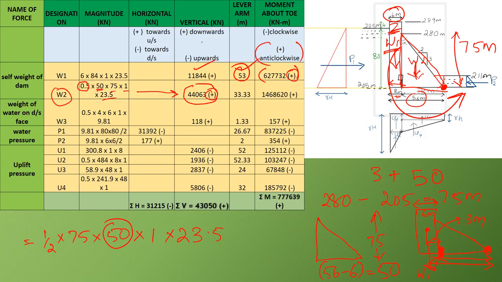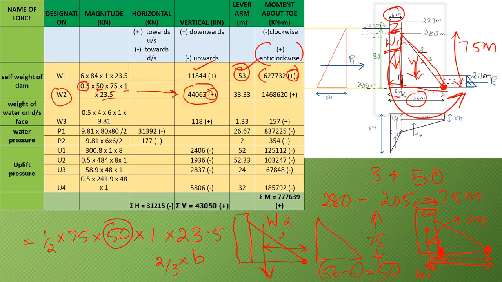And similarly for force W2, let us draw it again here. W2 is a triangular portion, so W2 will be acting along the centroid of this triangle. So the distance of the line of action of W2 from the toe will be this much, and for a triangle the centroid will be 2 by 3 into base width.